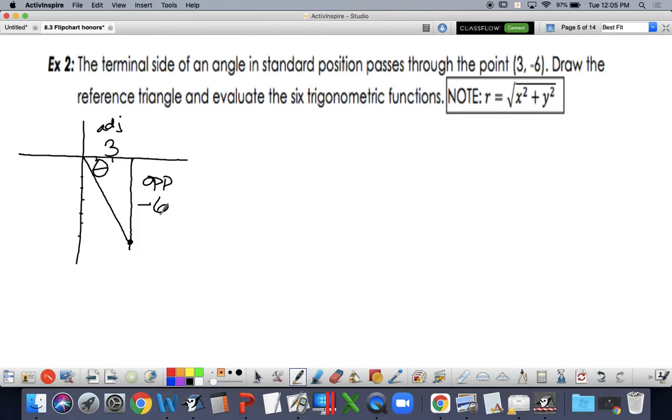How can I figure out the length of my hypotenuse? a squared plus b squared equals c squared, okay? We're going to come back to the Pythagorean theorem here. So we have 3 squared plus (-6) squared equals c squared.